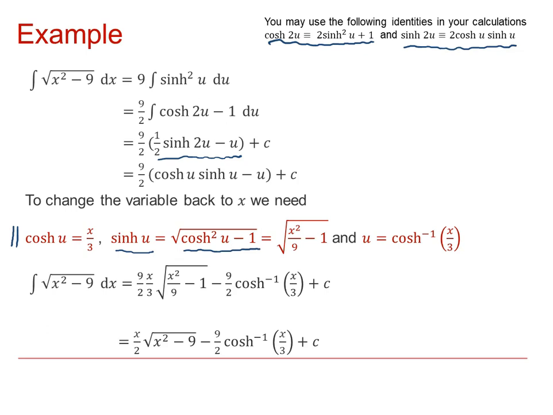All of those then came from the fact that the substitution we'd used in the first place was x equal to 3 cos u. Making those substitutions, we ended up with the final answer of x over 2 square root of x squared minus 9.